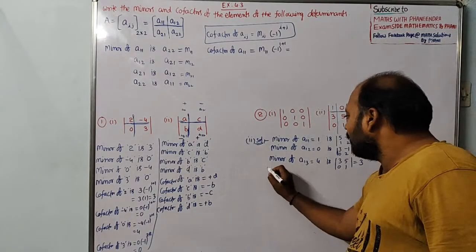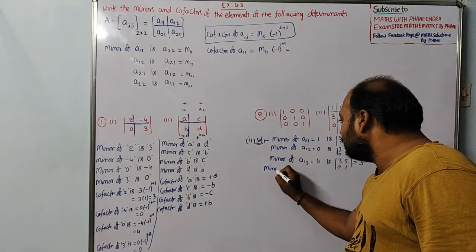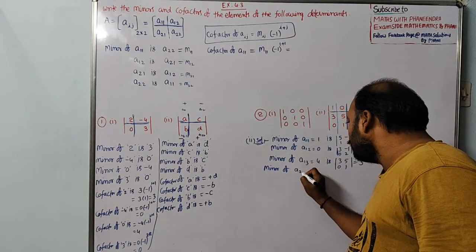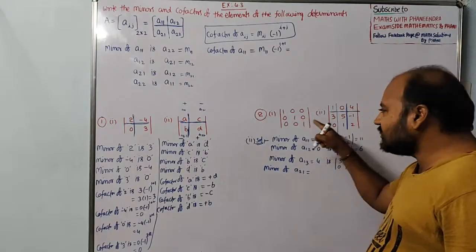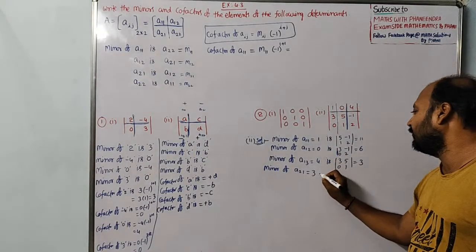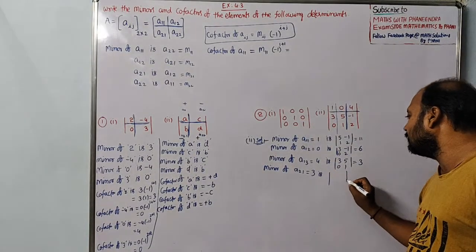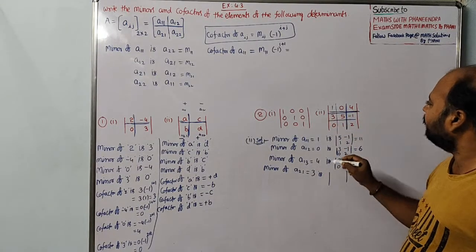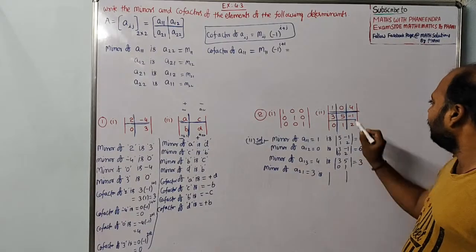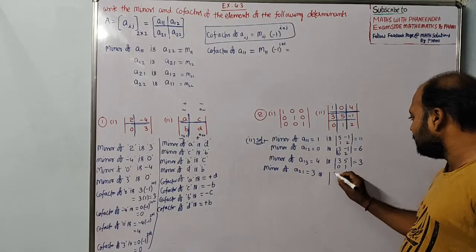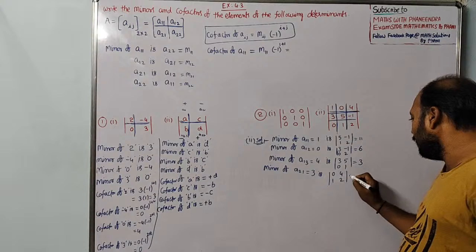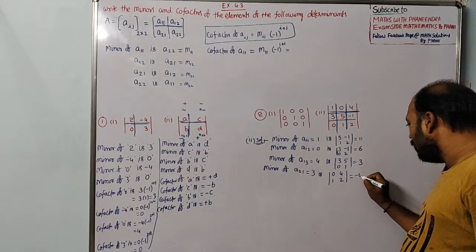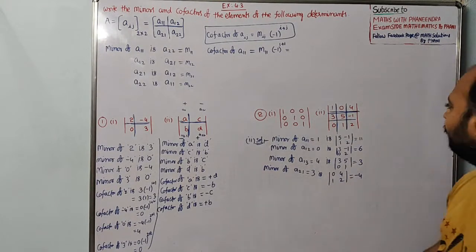Next, minor of an element A21. A21 means what? Second row, first column is. So we are eliminating second row and first column. 0, 4, 1, 2 is the remaining. So 0 minus 4. I hope you understand.